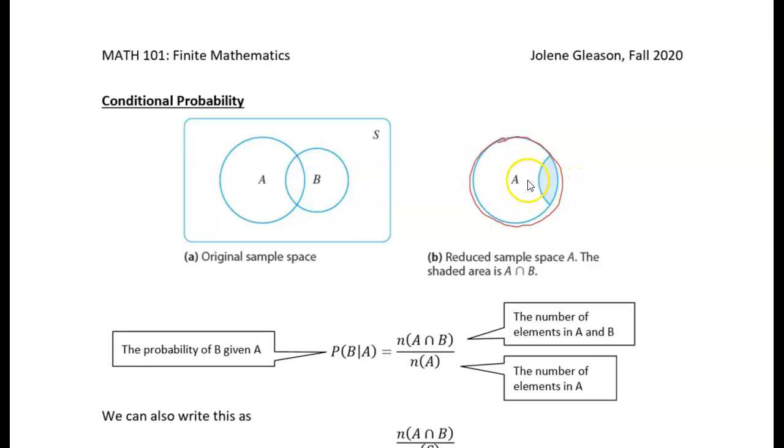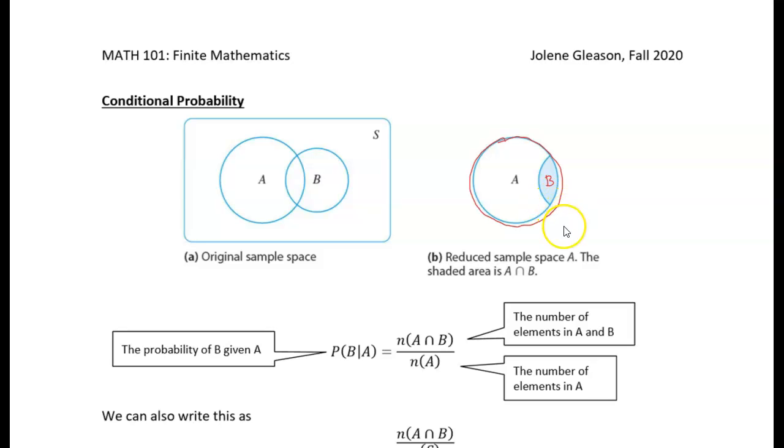A portion of the elements in that event were the elements where B had happened, where B was true.